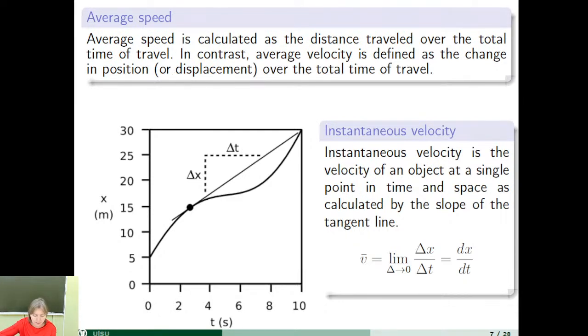Determine instantaneous velocity: the velocity at any given moment is the slope of the tangent line through the relevant point on the graph. Instantaneous speed equals the magnitude of the instantaneous velocity.